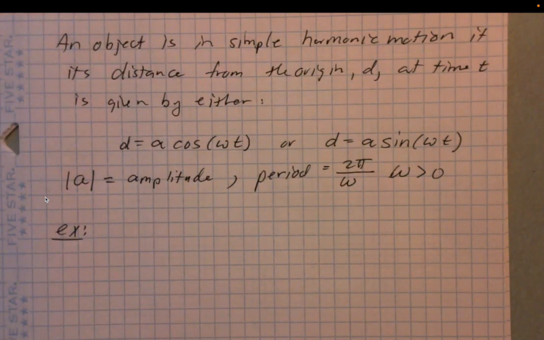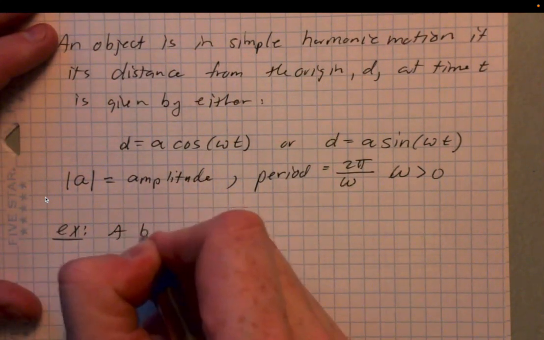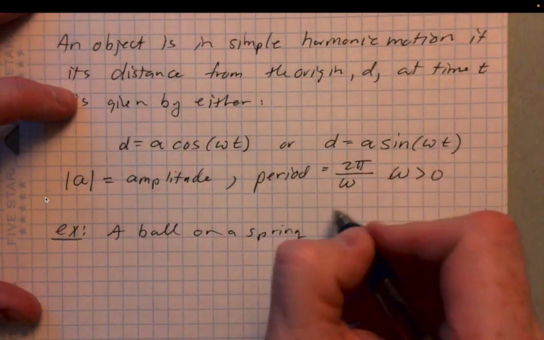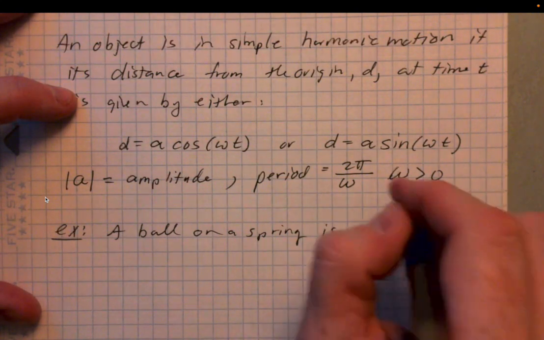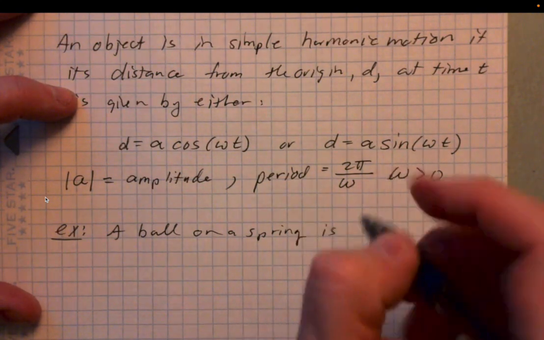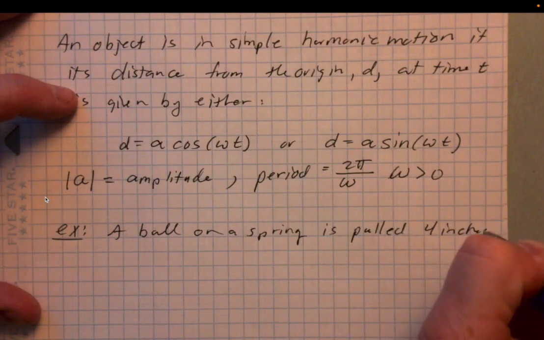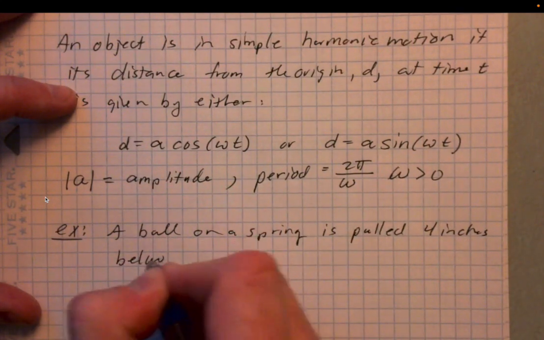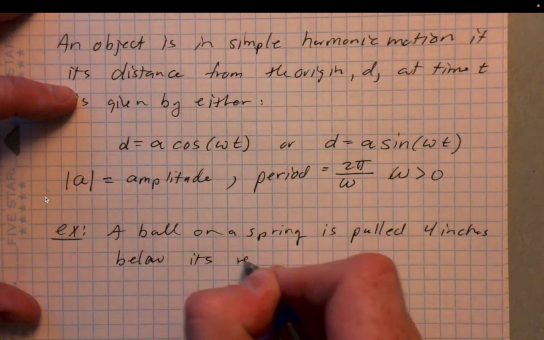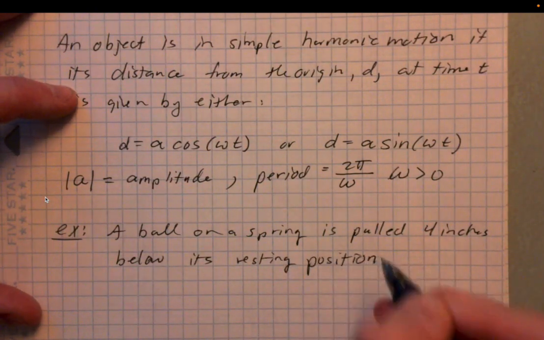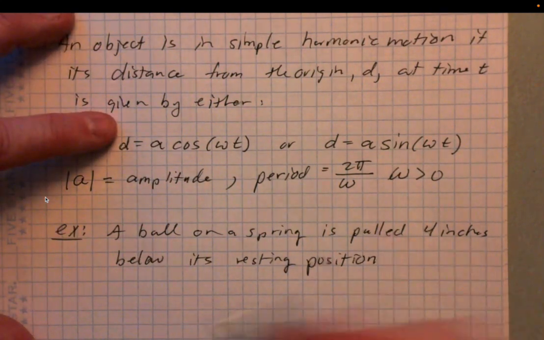Let's say we have a ball on a spring, and let's say we pull it down, so it's pulled 4 inches below its resting position. Okay, and then it's released.